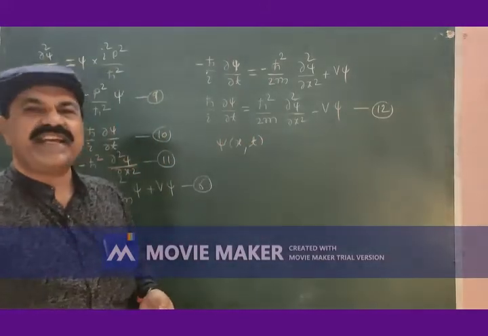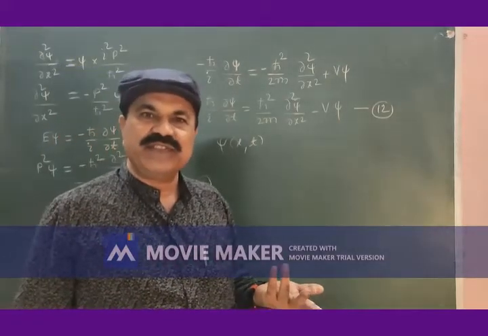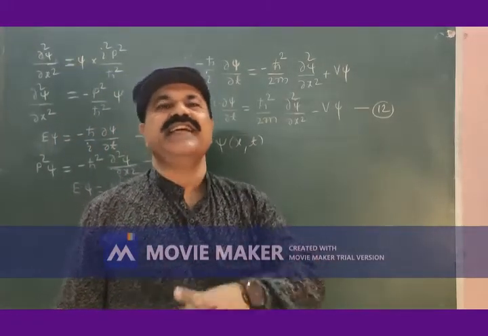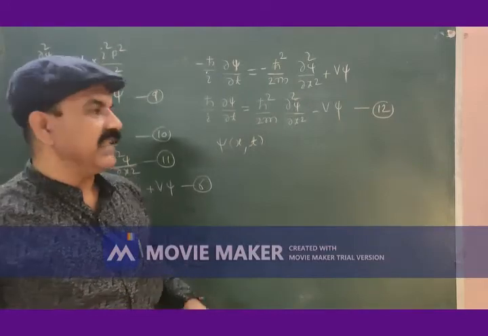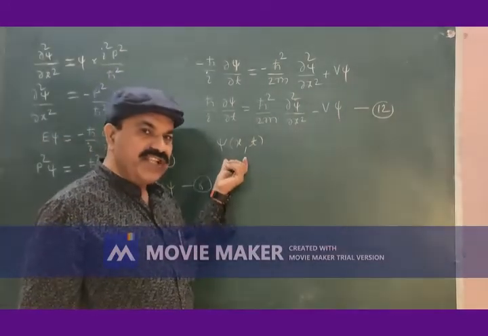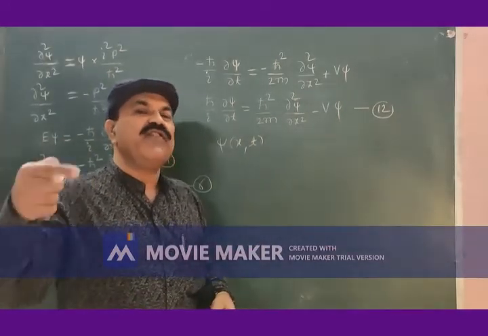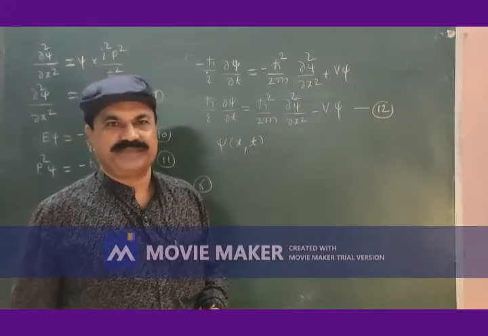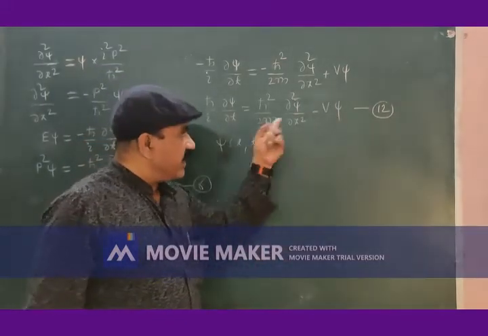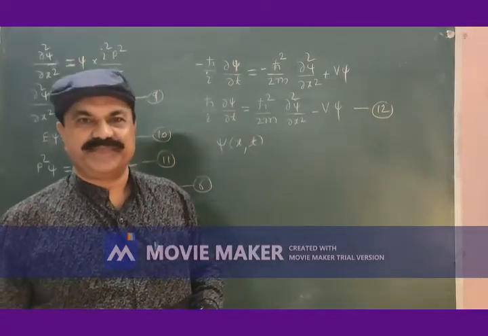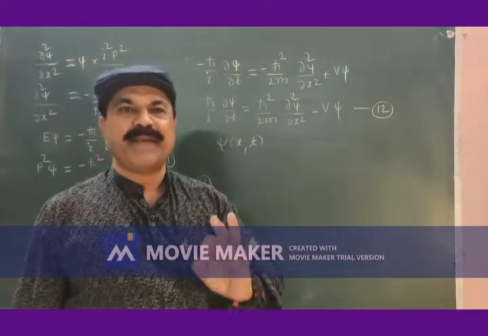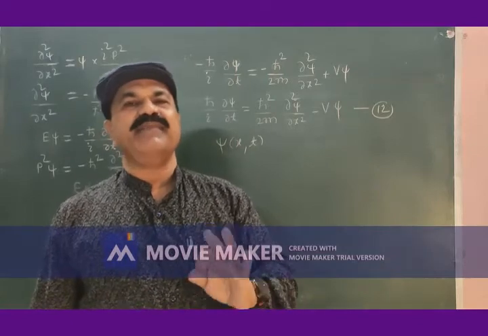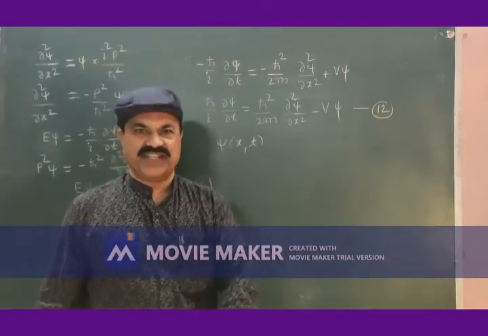This wave function psi is taken as a function of x coordinate and time. Therefore, this wave function is a one dimensional wave function for the particle in motion, and equation 12 is the one dimensional time dependent form of Schrodinger equation.